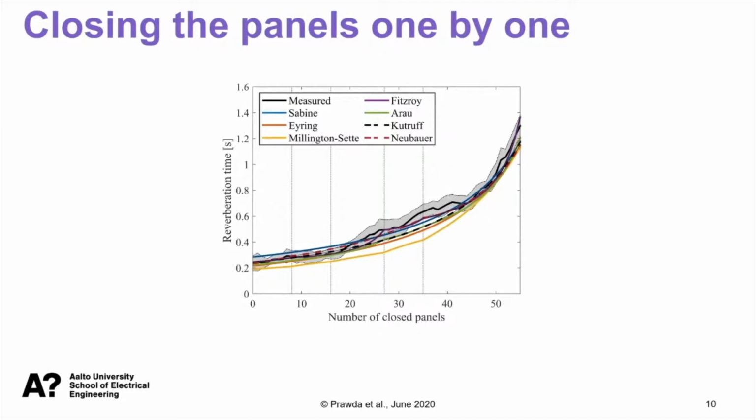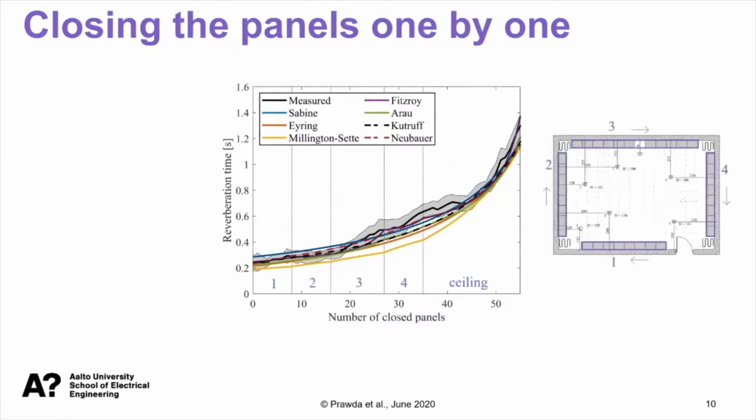And here you can see an example of the plot with results. So the vertical lines on the plot indicate the end of one wall and the beginning of the next wall, as you can see here. This is the first wall, the second wall, the third wall, the fourth wall, and the rest is the ceiling.